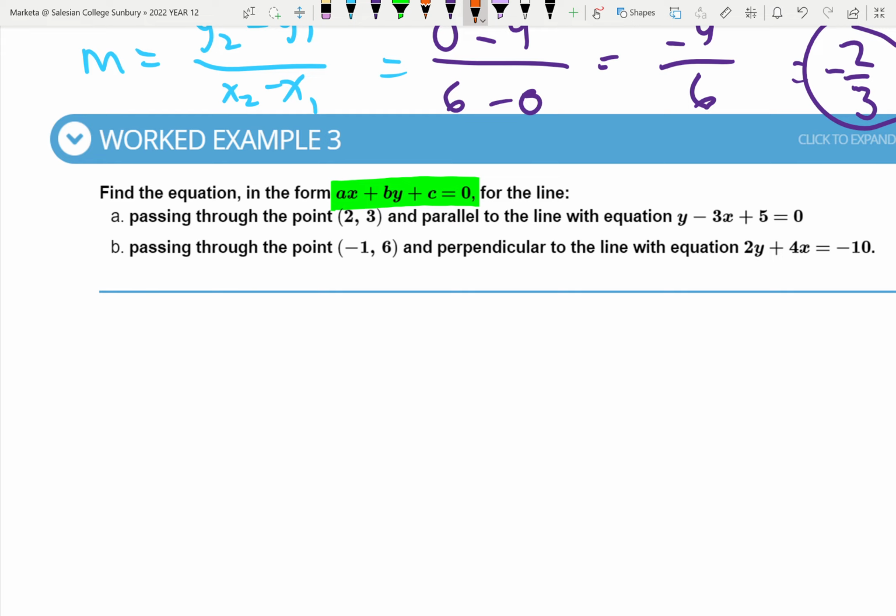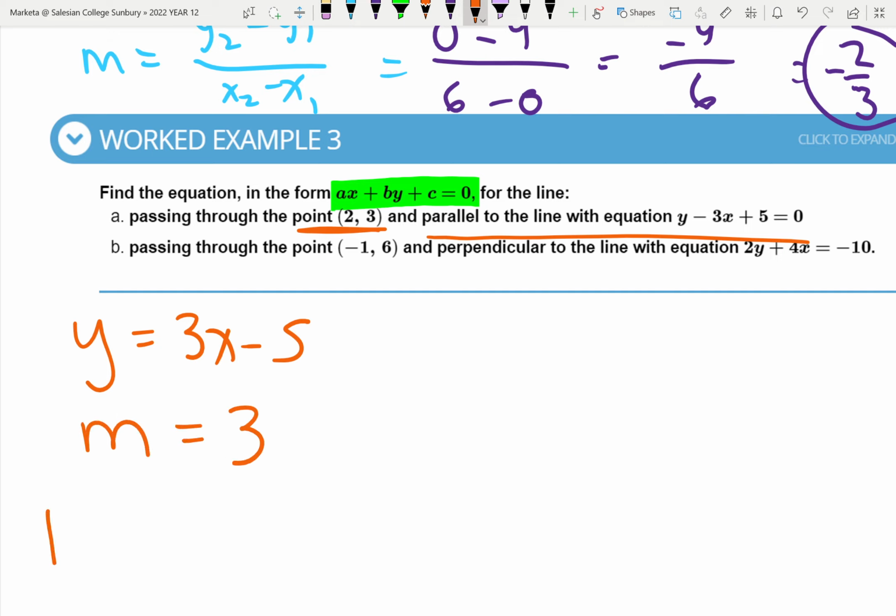By all means though, if you prefer the one I just wrote there, which I'm guessing the book will use, then use that. Anyway, it passes through this point, 2, 3, and it's parallel to this line. So this line is y equals 3x minus 5. So our gradient is 3. And parallel is the same gradient.